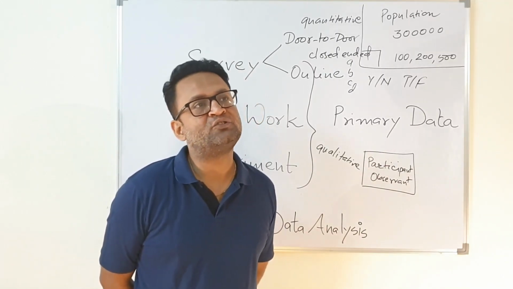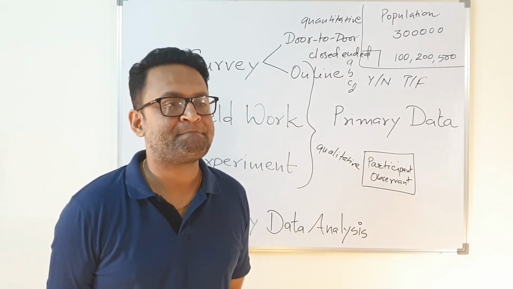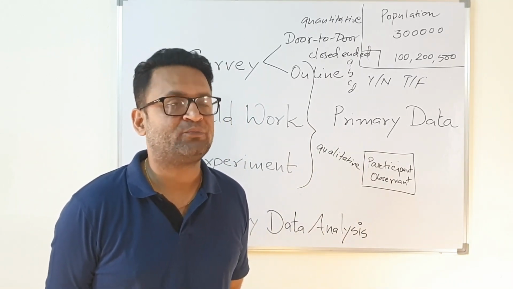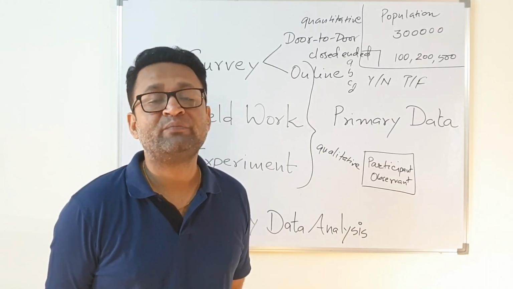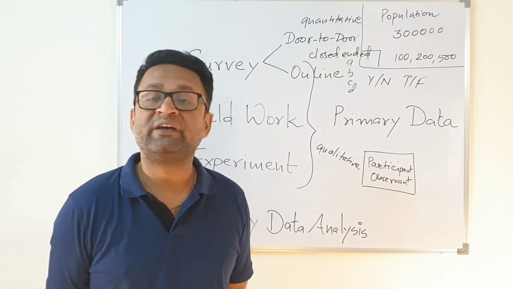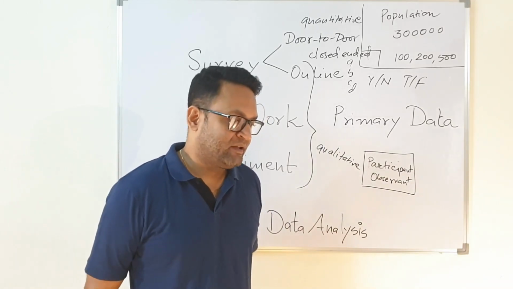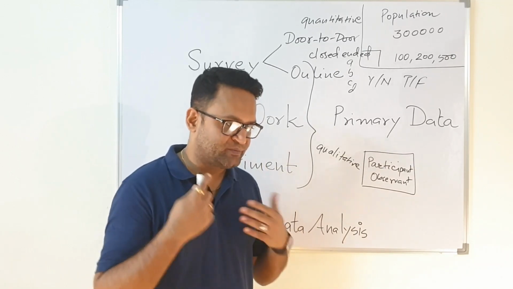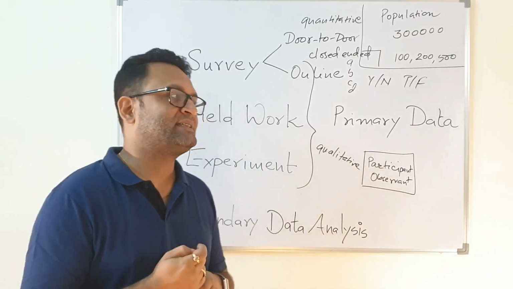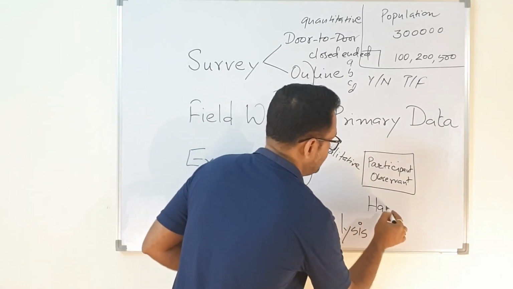Human beings do not behave the way they have informed you. Similarly, human beings do not inform you the way you want to know the information. Why am I saying this? There is something called the Hawthorne effect.